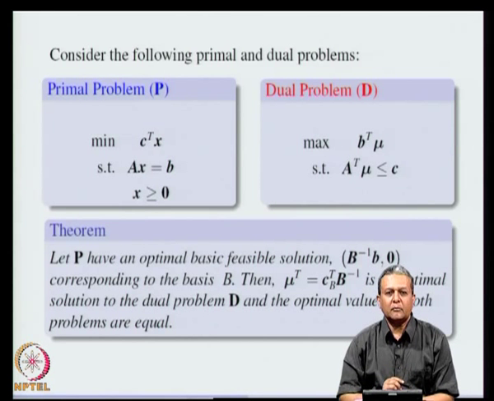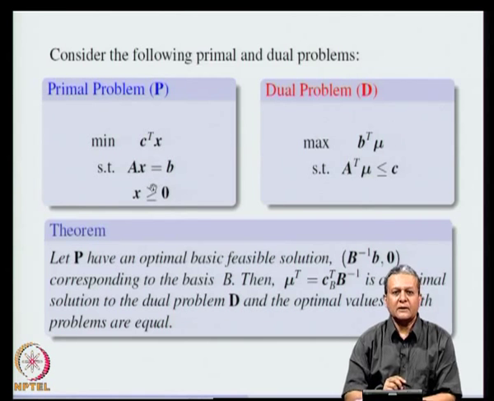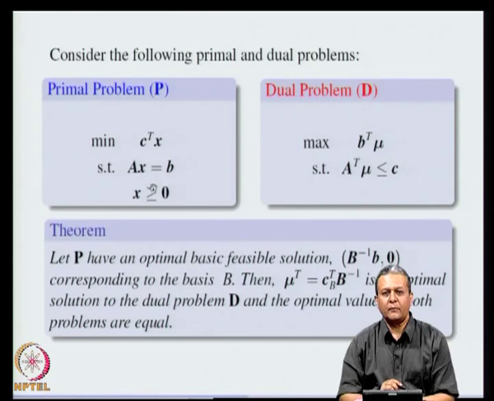So, here is a theorem which relates the solution of the primal and the dual problem. Suppose the problem P has an optimal basic feasible solution, and since it is a basic feasible solution, we have a set of basis vectors and a set of non-basic vectors, and associated with the basis vectors is the matrix B. The basic feasible solution, if it is optimal, let us assume that it is B inverse b comma 0.